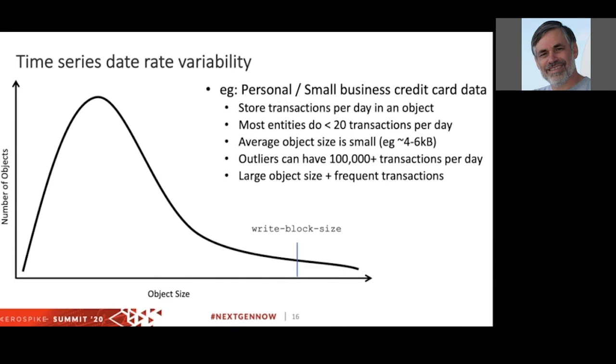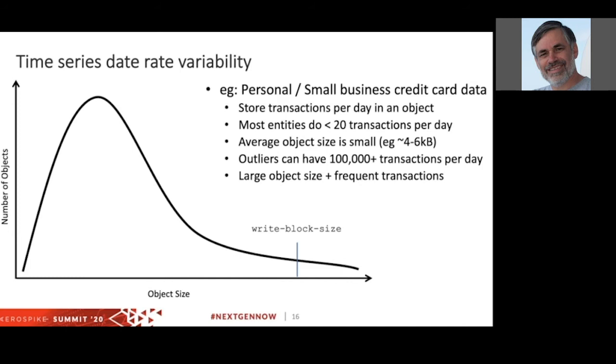So what are the issues here with time series data? It was all simplified before with the stock example and what I discussed earlier. In reality, you might get great variability if you're storing records on a per date basis. In this case, take credit card data.